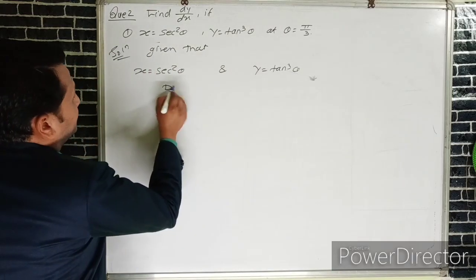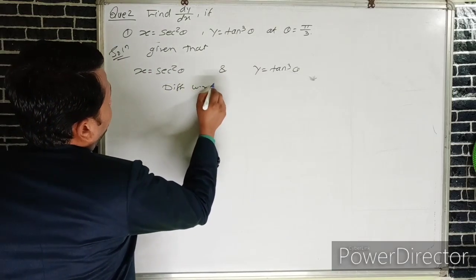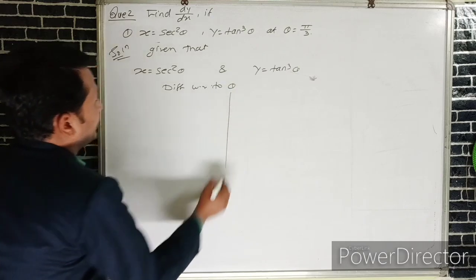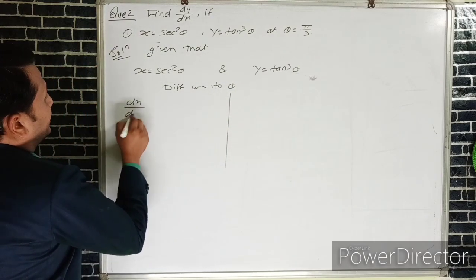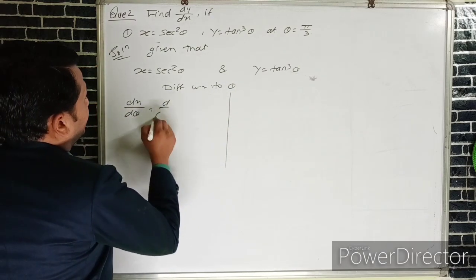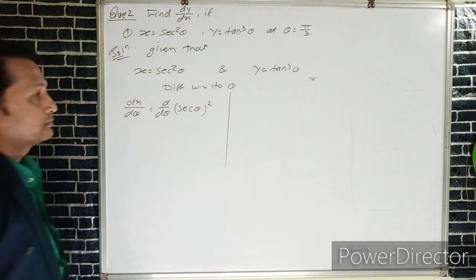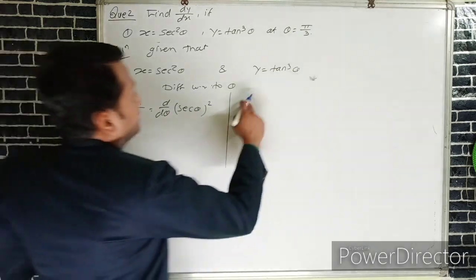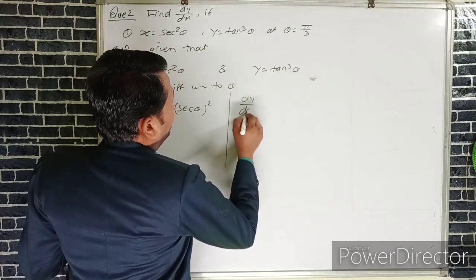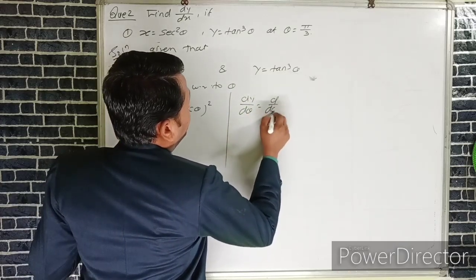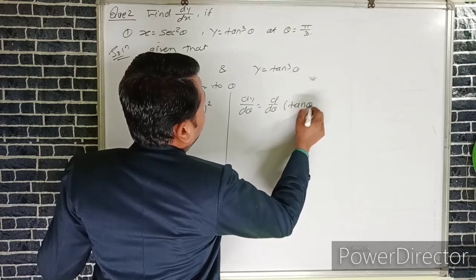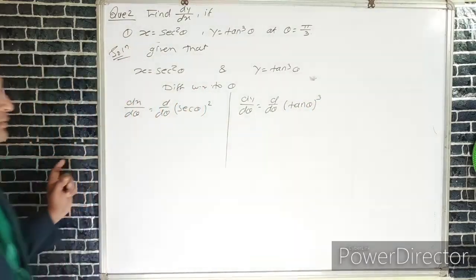If we differentiate with respect to theta, we can write dx upon d theta is equal to the derivative with respect to theta of sec theta whole square. Again we can apply dy upon d theta is equal to the derivative with respect to theta of tan theta whole cube.